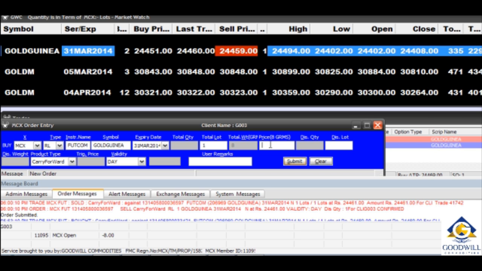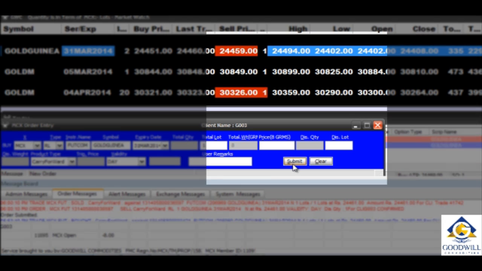If I want to place a buy order as a market order, the price now is 24459, which is the next best available price for buying. You can see the sell price. So there is no guarantee.